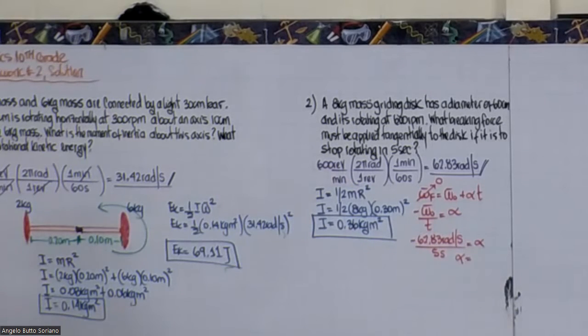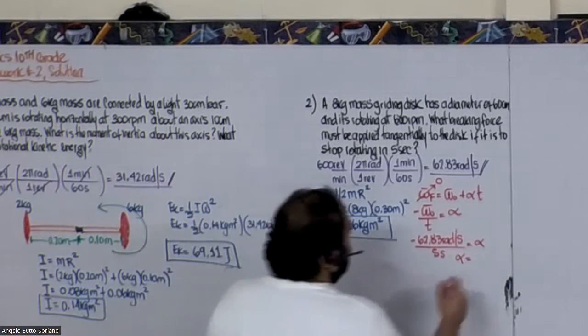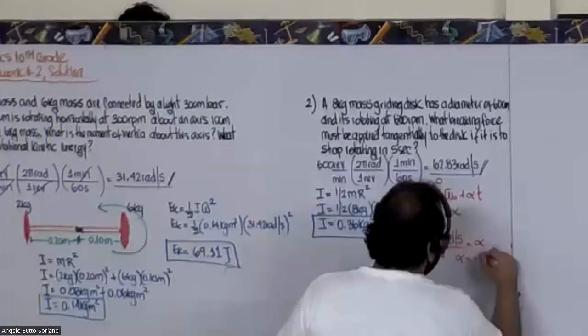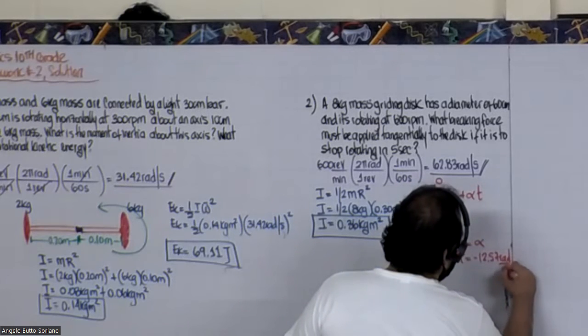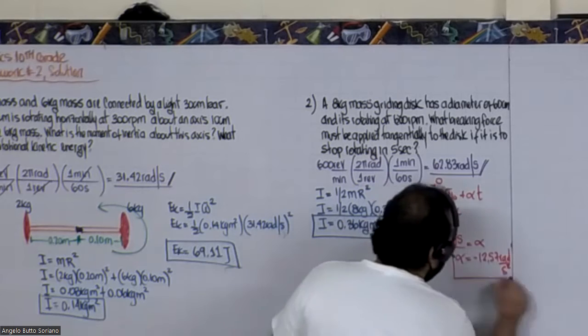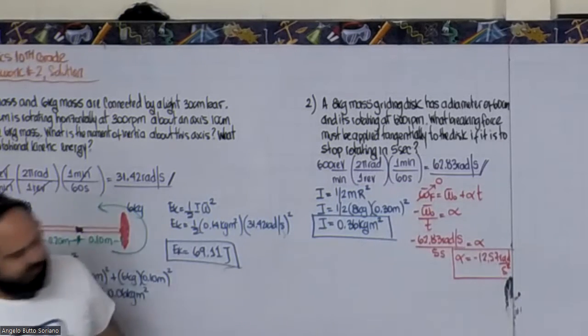Because we're stopping; we're talking about a stopping force. 62.83 divided by 5 is negative 12.57 radians per second squared. This is the value of alpha.